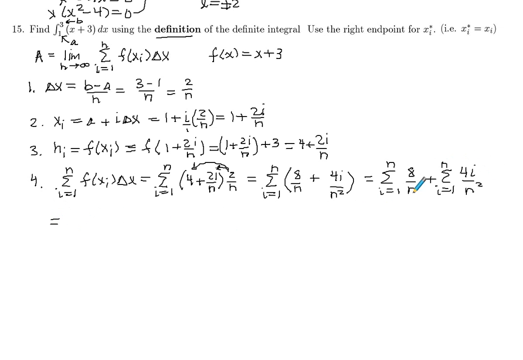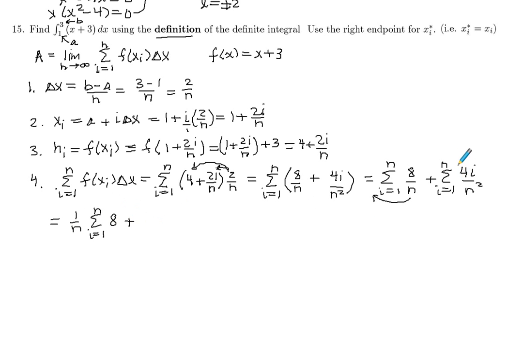And then we want to factor this n out. The variable is i, so n is a constant, so we can factor that n out on the bottom. So this n will come out on the bottom, which is a 1 over n out in front. And we'll have left the sum from i equals 1 to n of 8.